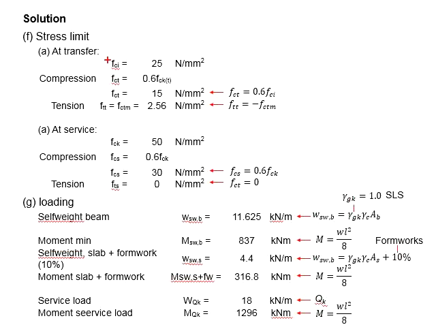Assuming the transfer is done at 25 Newton per mm square, the compression limits will be 15 Newton per mm square and 30 Newton per mm square at transfer and at service. It is calculated by the 60% of the concrete strength at that particular instance.